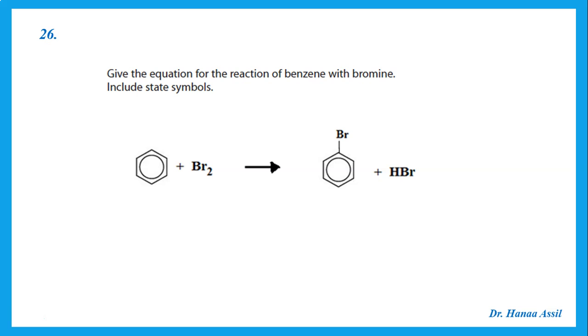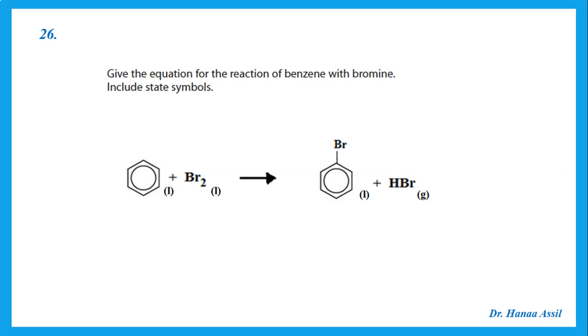Now, the question says include state symbols. What is the state of benzene? You should know that benzene is a liquid. Bromine also is a liquid, and the bromobenzene formed is also a liquid. The other product here is HBr, and this comes out in the form of a gas.